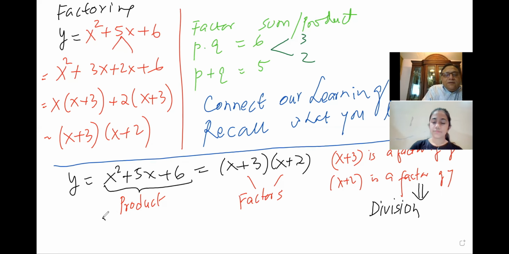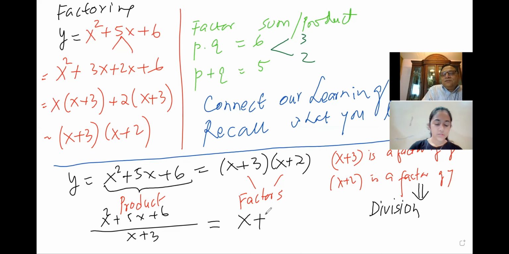If I say x squared plus 5x plus 6 is divided by, let us say this time, x plus 3, what do you get? You get x plus 2, right? If I divide the left side by x plus 3, I get x plus 2. Do you see division? So that is how division is related.